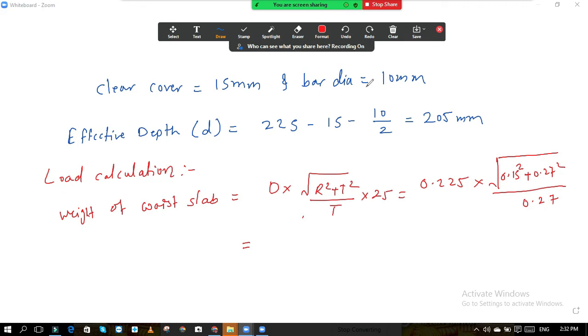It can't be so less. Check the calculation once again.